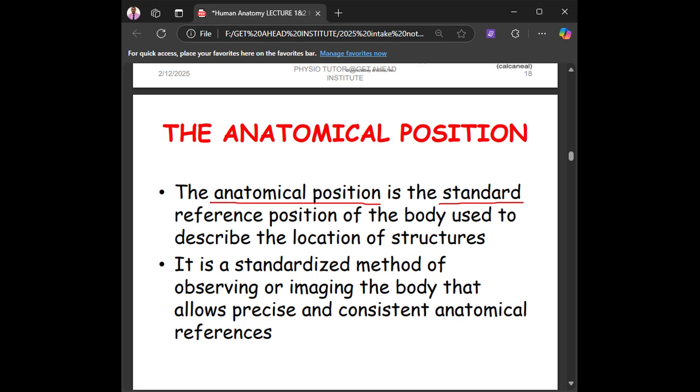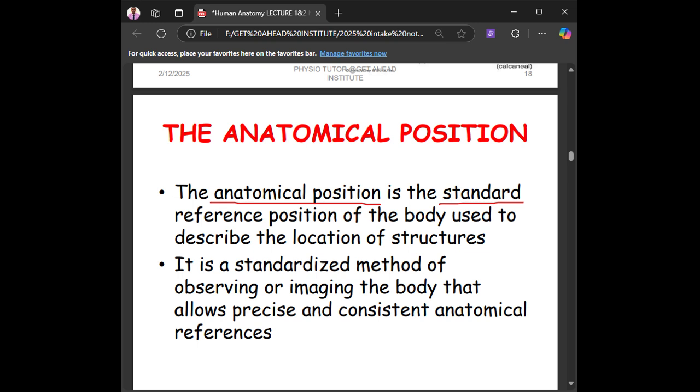It is very important that we understand why we actually have this anatomical position. In order to avoid confusion when describing the body, it is always important to describe it in the anatomical position.